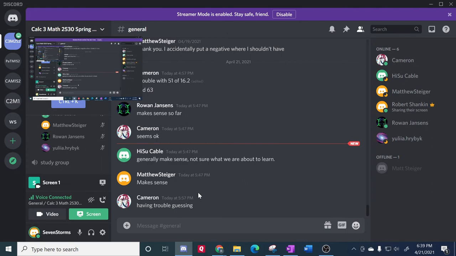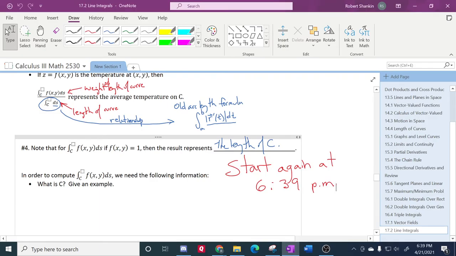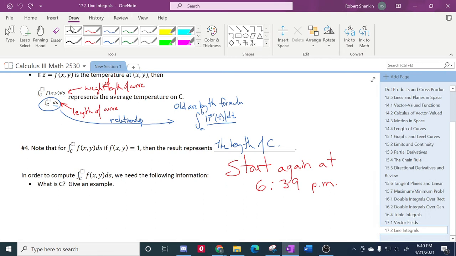All right, let's get started again. So, what is C? Give an example. Can anybody think of an example of how C might be stated?